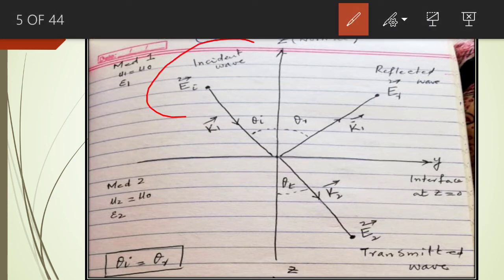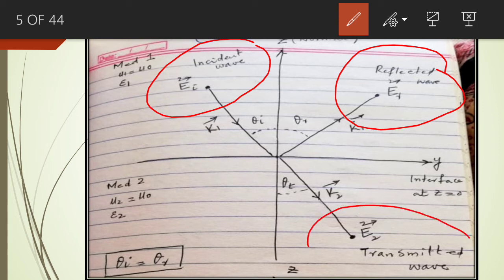We have the incident wave and we have the reflected wave. So we will consider the electric field intensity of the incident wave, which is in medium number 1, and we will consider the electric field intensity of the reflected wave, which is in medium number 1 as well. The only wave which is in medium number 2 is the transmitted wave.